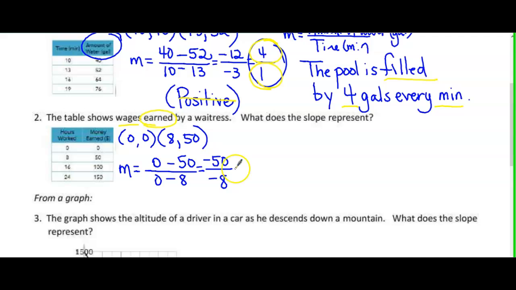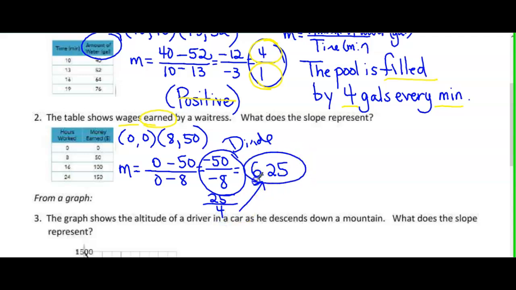Now when you divide this, or you try to simplify it, you get an improper fraction. So when you divide this out, you get 6.25, or you get 6 1/4, or 25 over 4. But we don't want 25 over 4 because we're interpreting.